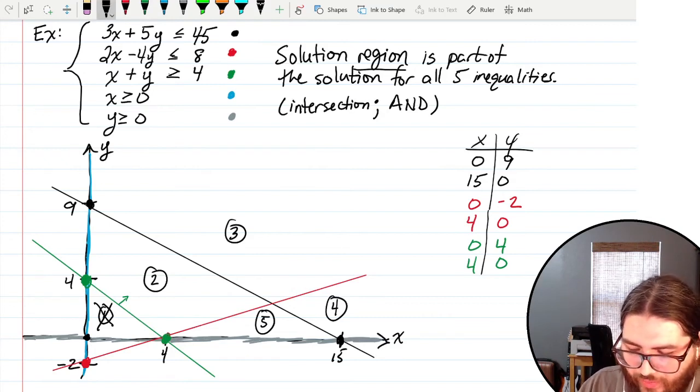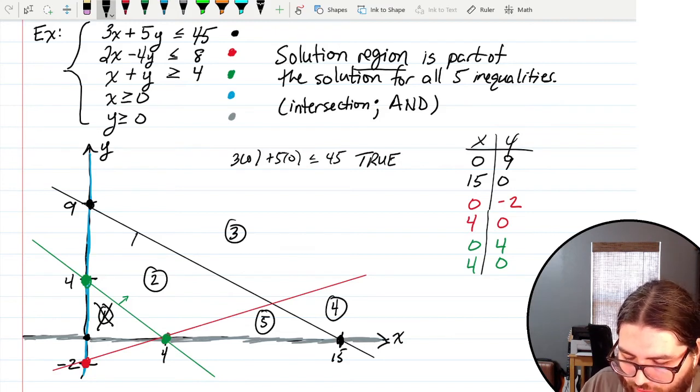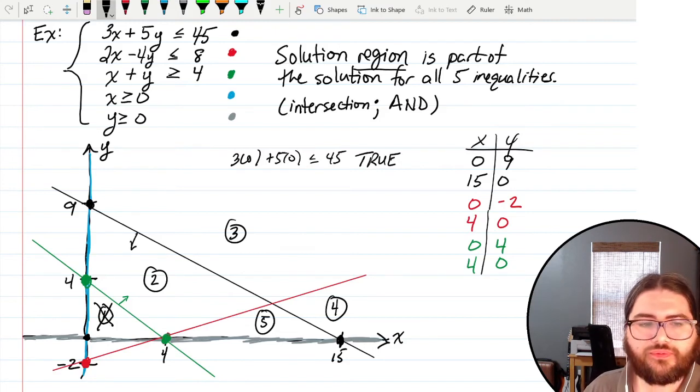How about the black line? If I plug the origin into the black line, does that work? That's 3 times 0 plus 5 times 0. Is that less than 45? Oh, that's true. The black line is shaded towards the origin.